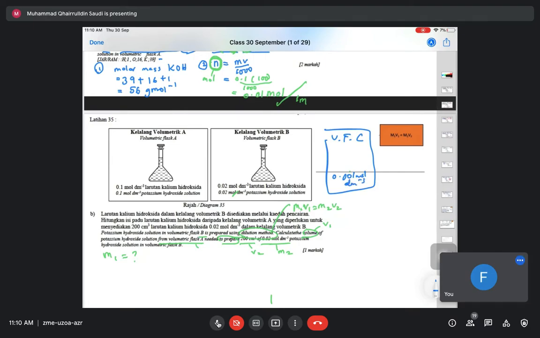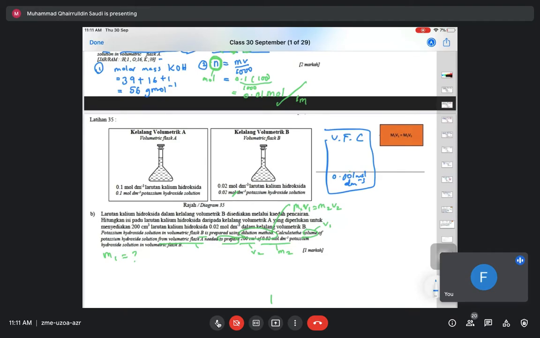Molarity. Why do you take 0.2? Where do you get 0.2? Saya guna ratio.